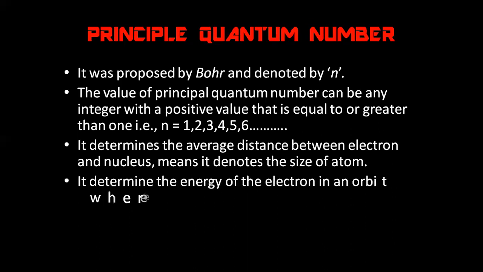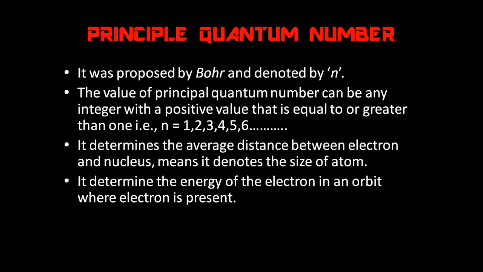It also determines the energy of an electron in an orbit. It tells us about the energy of the electron in the orbit where it is present. In the Bohr model of the atom, Bohr told us that as we go higher into the orbits, the energy of the electron in that orbit goes on increasing.